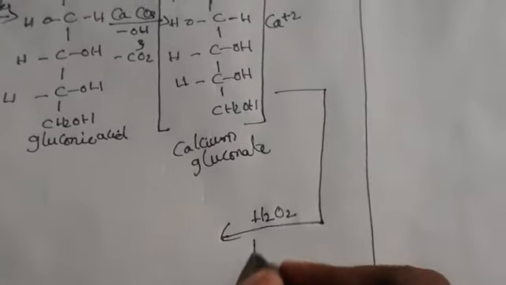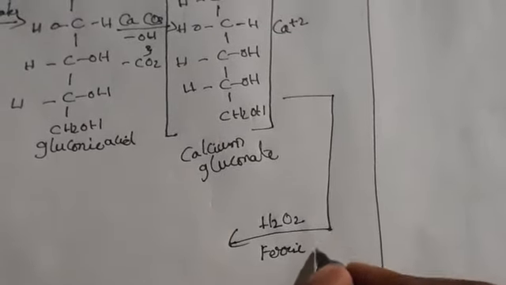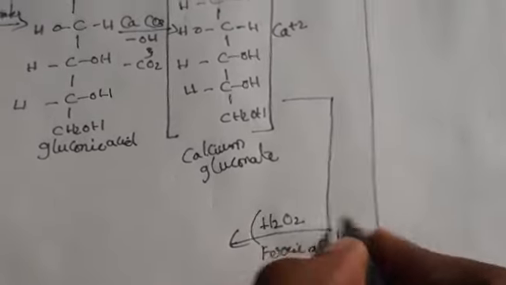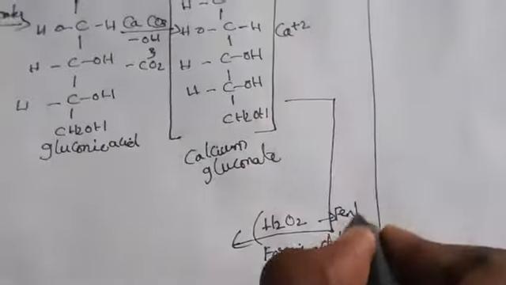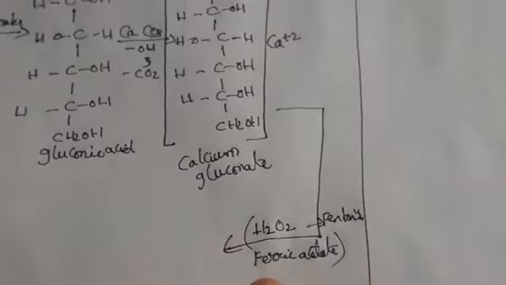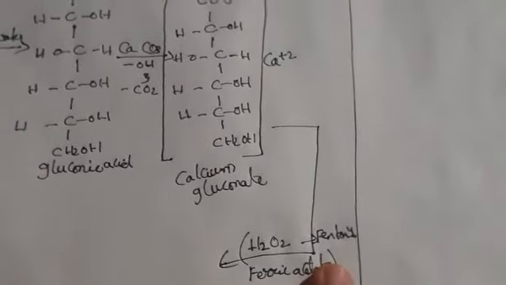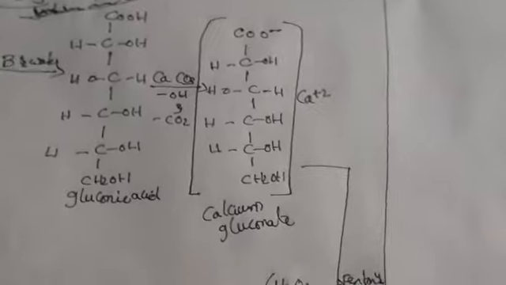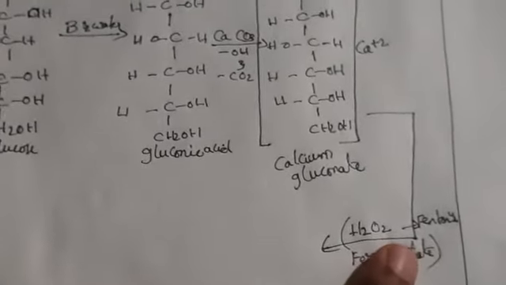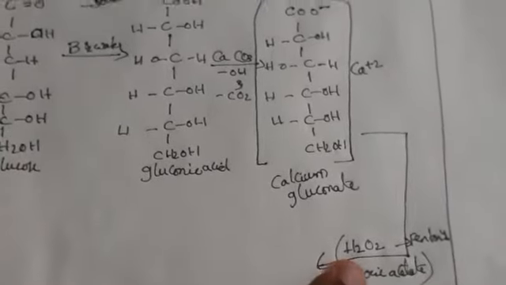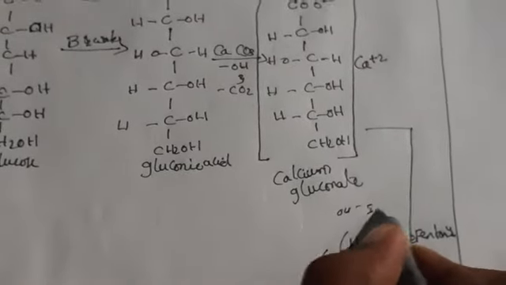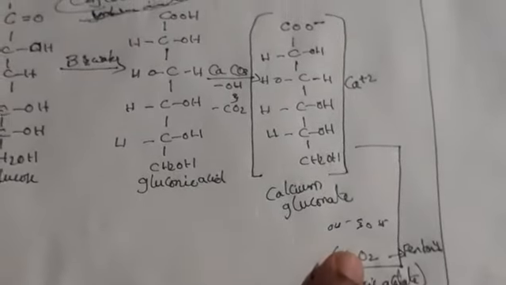This reagent, H2O2 in the presence of ferric acetate, we call Fenton's reagent. Now what will happen: here H2O2 is there, OH minus and OH minus, it is going to divide like this.